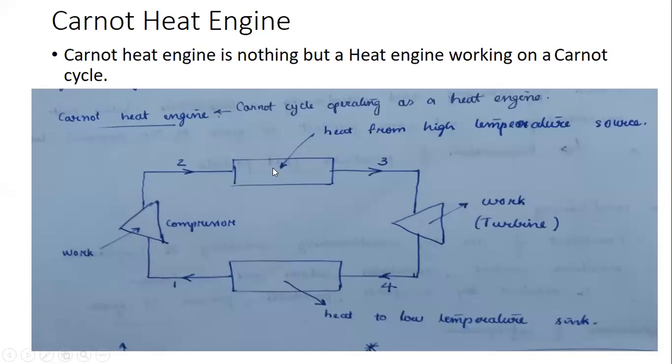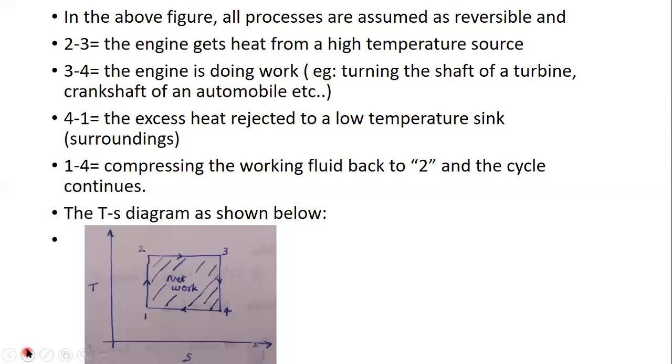The Carnot heat engine receives heat from a high temperature source during process 2 to 3, and it does some work, for example moving the crankshaft in an automobile and thereby pushing the automobile forward, and thereafter rejects heat to a low temperature sink. That is what we discussed last class.